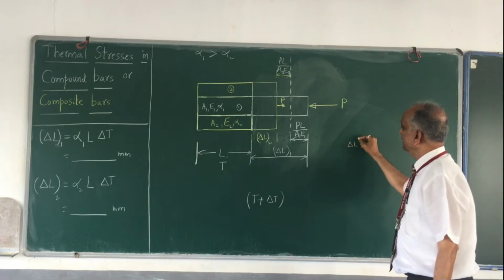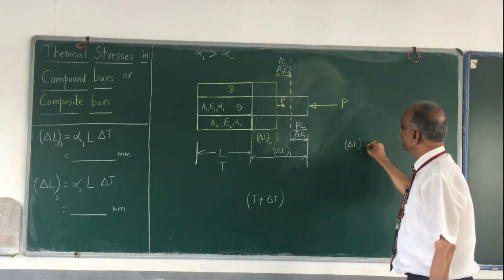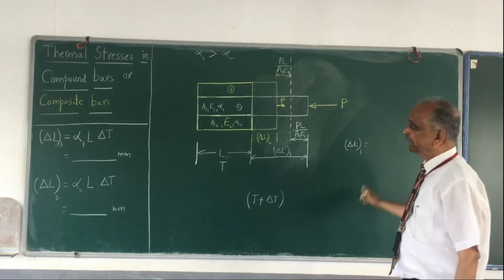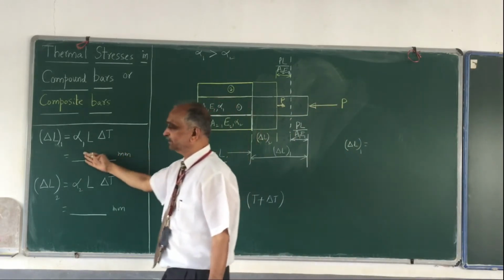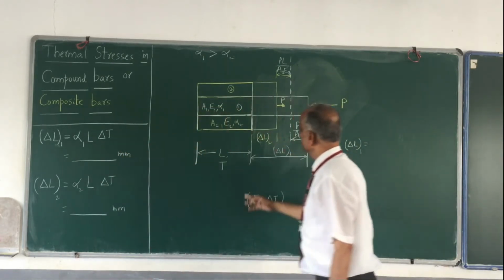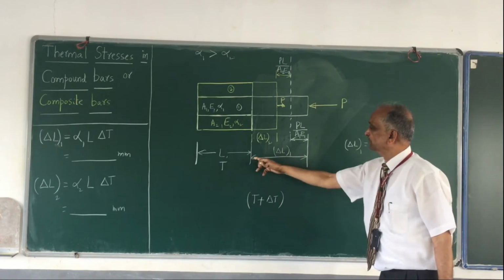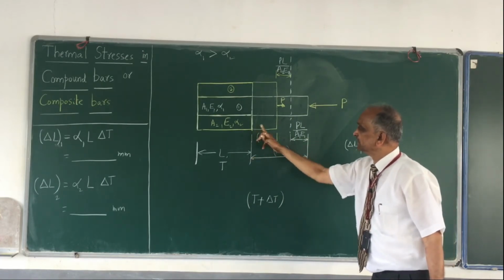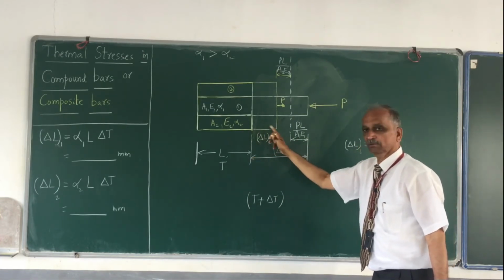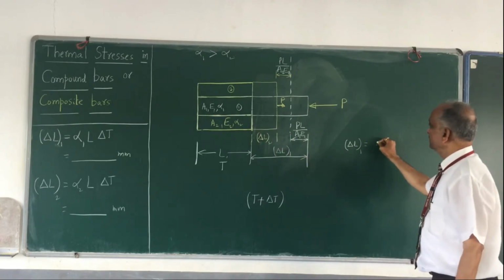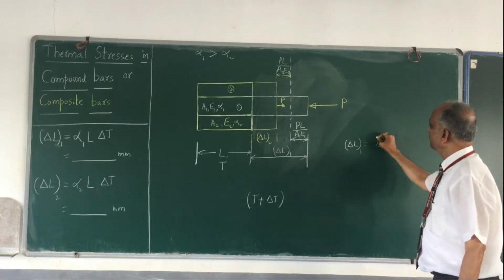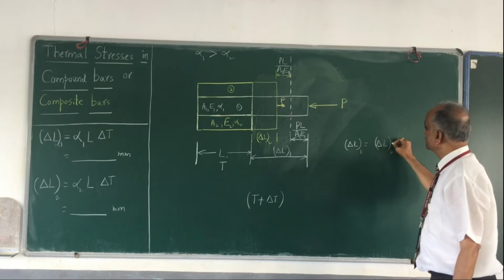That is delta L of 1, which I already know. That is nothing but this length. From here to here is nothing but this length, which is equal to delta L of 2, which I also know.